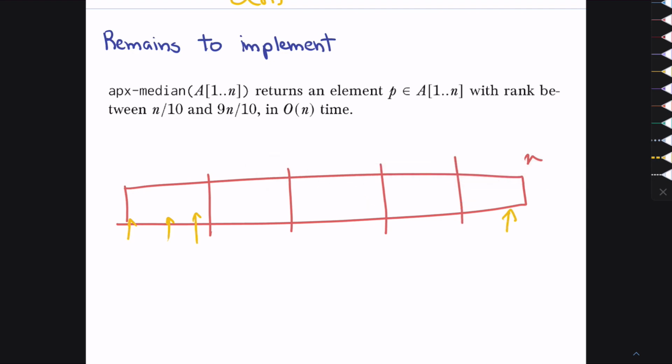I'll find a median of each. Okay, let's say I find a median in this one. Does that work?